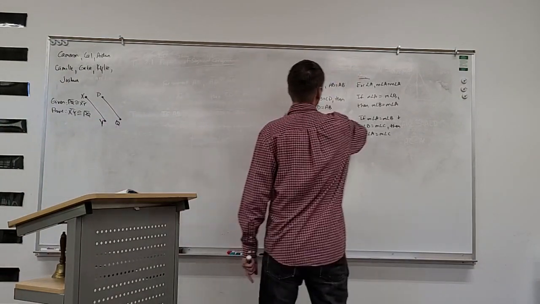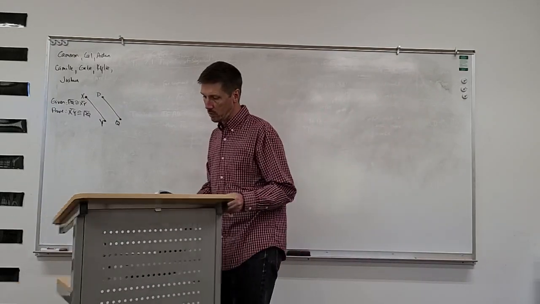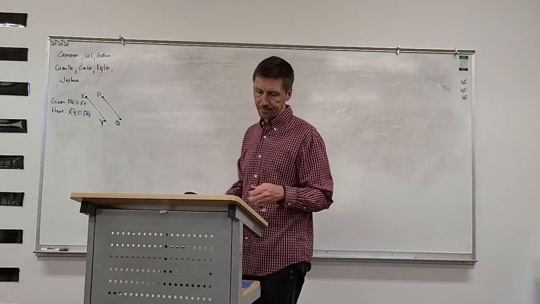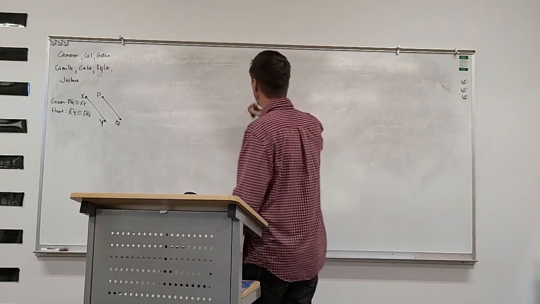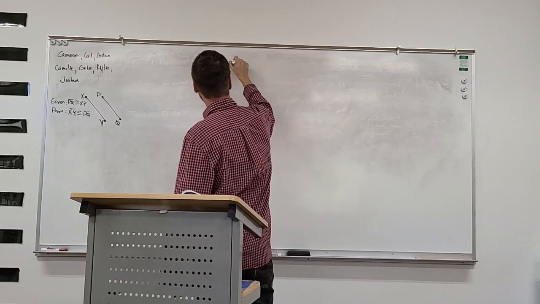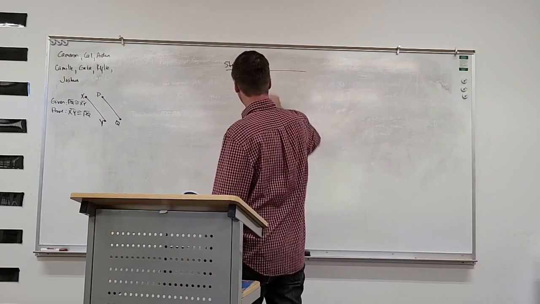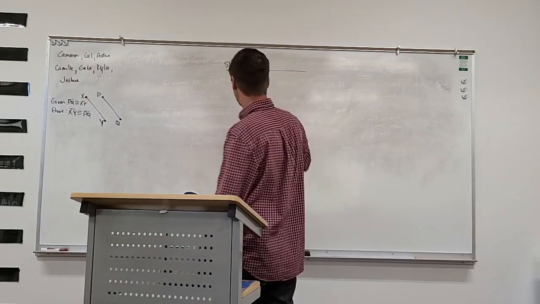And this will give you an idea of how these proofs work as we get to more complicated problems. So again, I'm going to have my statements. This is what we call a 2-column proof. I've got my statements and I've got my reasons.